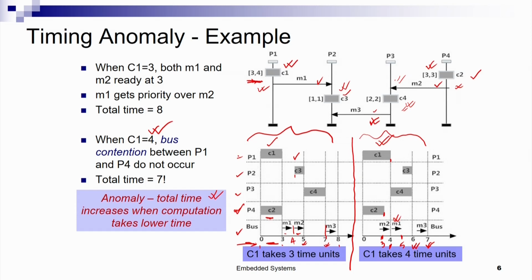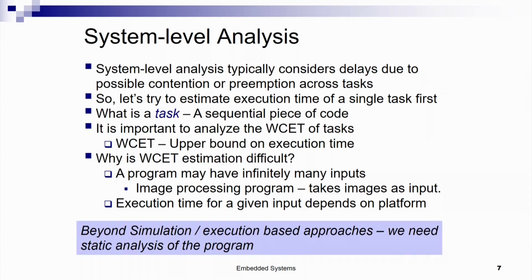Now, this shows that we need to carefully do the scheduling of both the tasks and the processing elements together to correctly analyze whether the given embedded system will meet its performance estimates, for example, time estimates. Now, we are seeing that in order to do system level analysis, we have to consider delays due to possible contention and preemption across tasks.